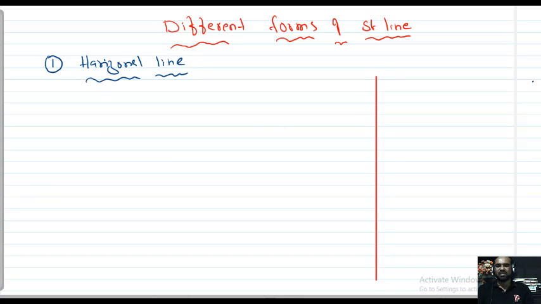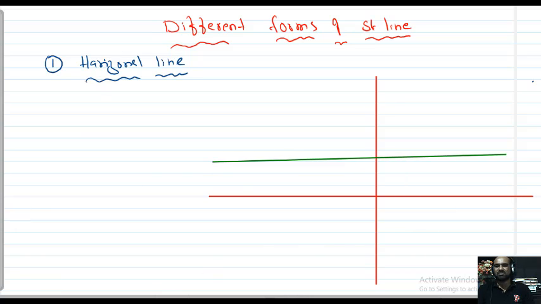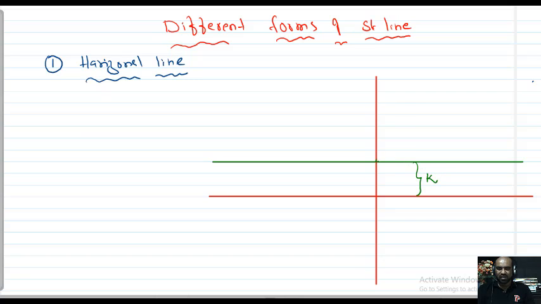This is the y-axis, this is the x-axis. Draw one of the horizontal lines. So this is one of the horizontal lines. I want to give a name for this. So my assumption is this length is k, for example. Automatically this point becomes (0, k). So this point becomes (1, k), this is (2, k), like that.